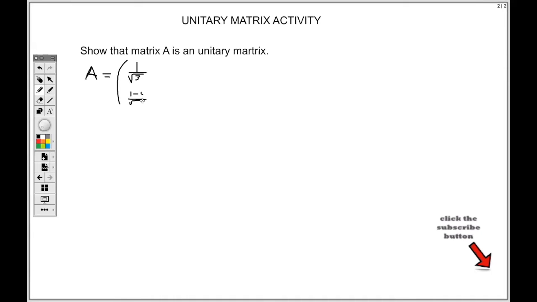So this is my 2 by 2 matrix: 1 over root 3, (1 minus i) over root 3, (1 plus i) over root 3, and the final one we have is -1 over root 3. So this is my 2 by 2 matrix, and I'll be showing that it's unitary.